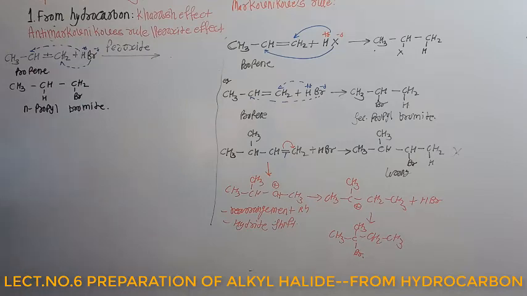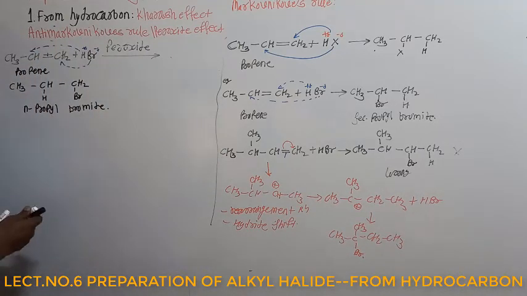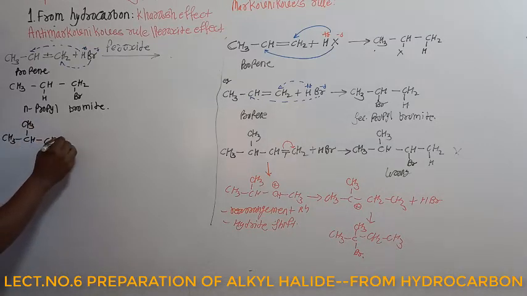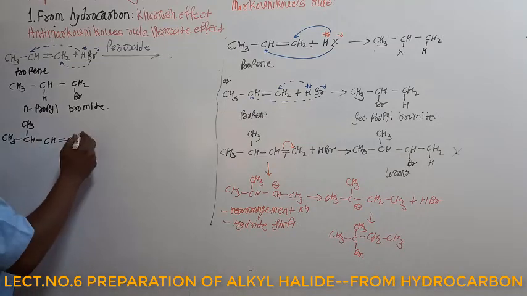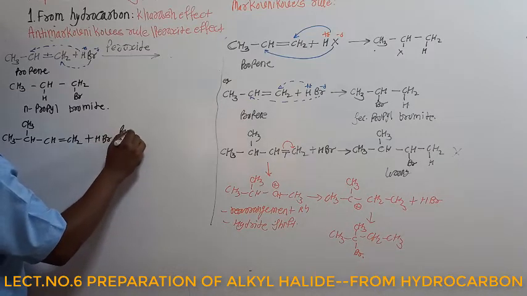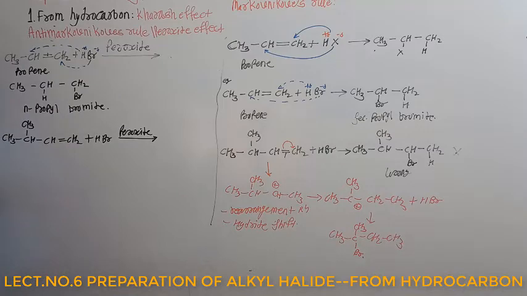Now, the same example, if you carry it out in the presence of peroxide, now see what happens. Write the same example: CH3, CH, CH3, CH, double bond, CH2. Again, if you react with HBr in the presence of peroxide, now what happened?